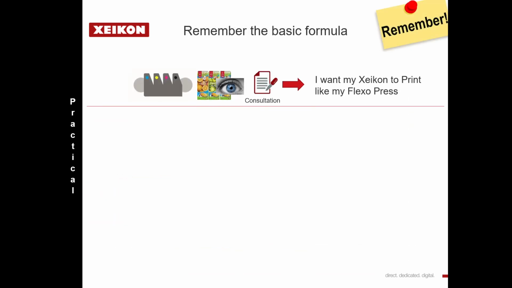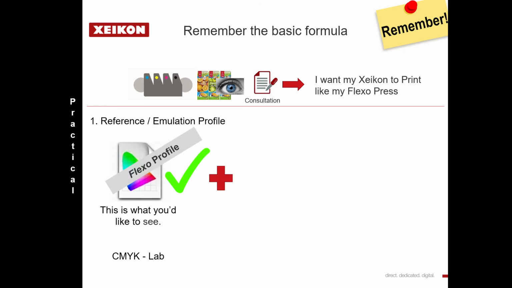So if you remember the basic formula, we now have this part of the formula completed. And hopefully, to achieve the final result for the customer, we need to finish this formula by making our Xeikon profile.